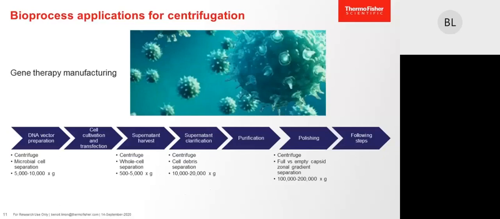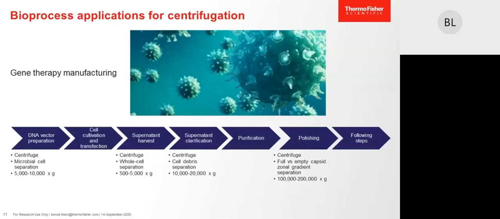In the case of gene therapy manufacturing, this is usually a multi-step process, and centrifuges are used at different steps, and different types of centrifuges are also used. Usually the process starts with the preparation of the DNA vector or the DNA plasmid.